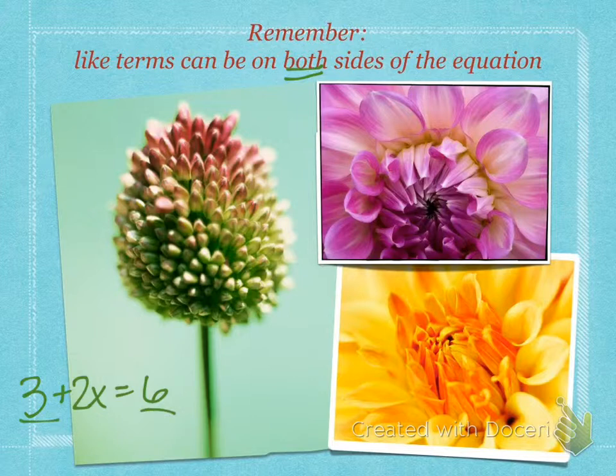You say, but wait a second, I thought a like term meant it had to have a variable. No, terms without variables are also like terms. Again, those are on opposite sides, but I still need to combine the like terms. And that's going to make more sense once we actually get in and you can practice it and start solving it. But just remember, you always combine like terms first, then you're going to also remember that like terms can be on both sides of the equation.